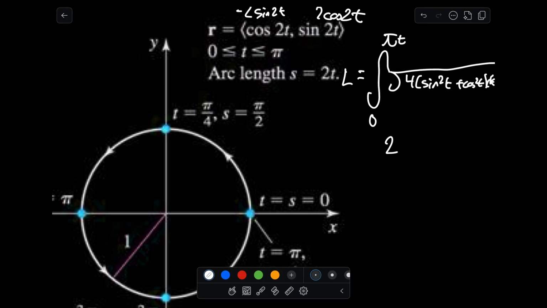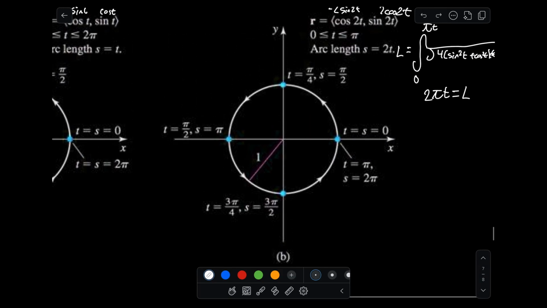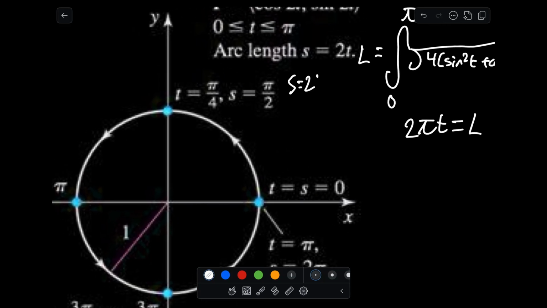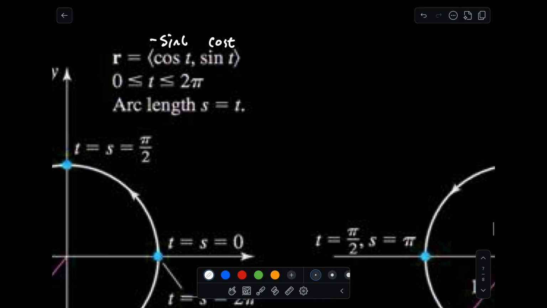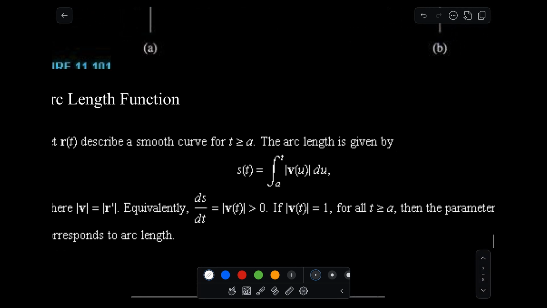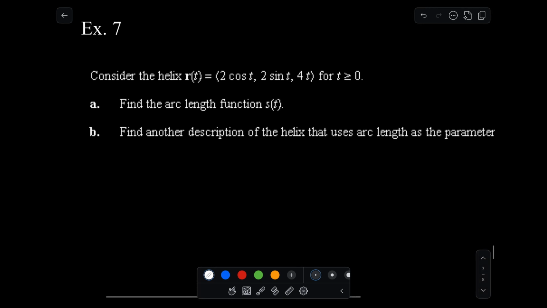So it's going to be 2t equals L or s. And then we see that correlation there, right? So if the magnitude is 2, that means that your s is going to be equal to 2t. But if your magnitude of r prime is 1, then you get that, right? In this example, 7 will make more sense.